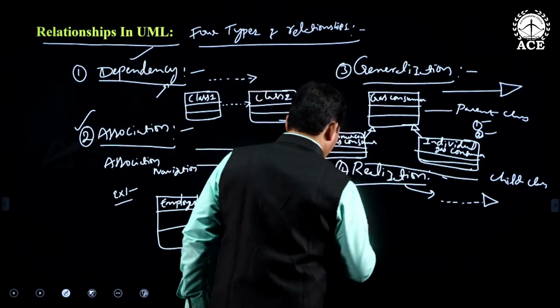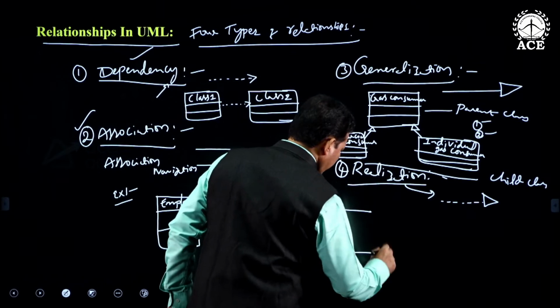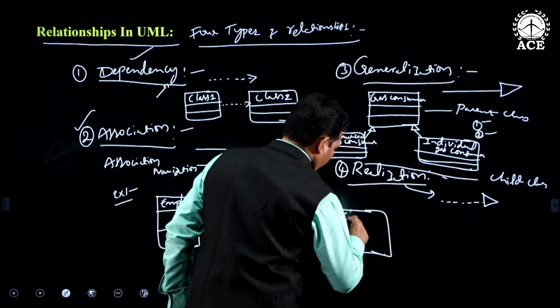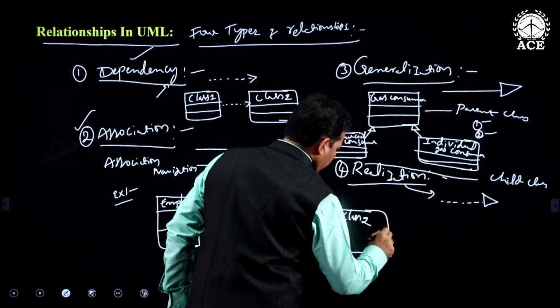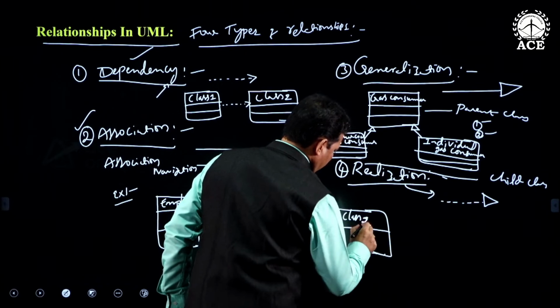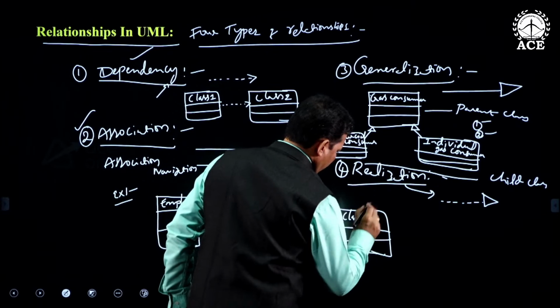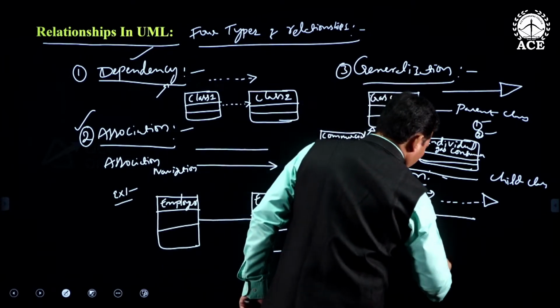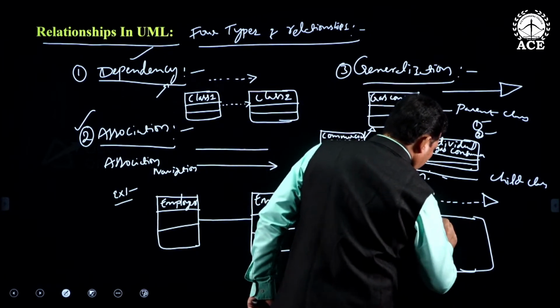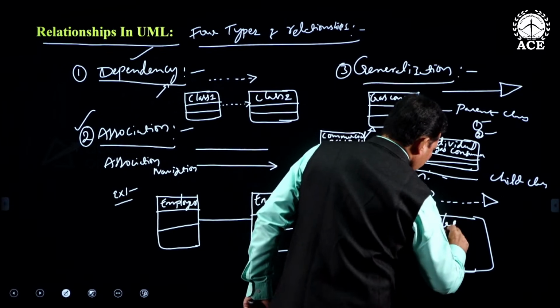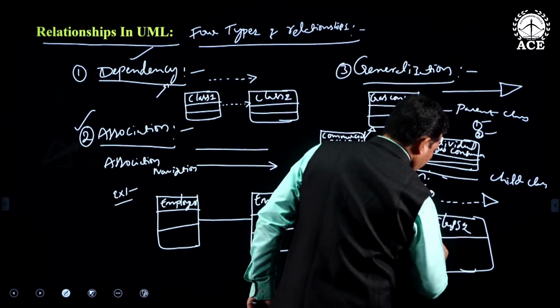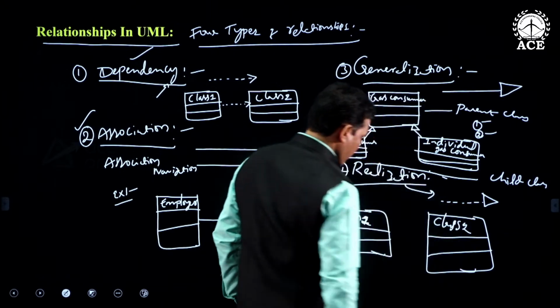Let's take two classes. Class 1 has a class name, and we can add attributes and operations. One more class, class 2, also with attributes and operations.